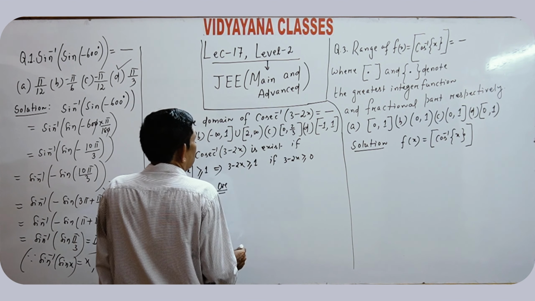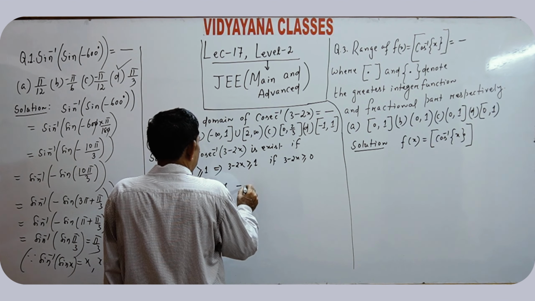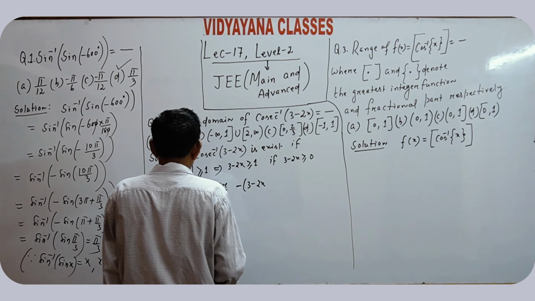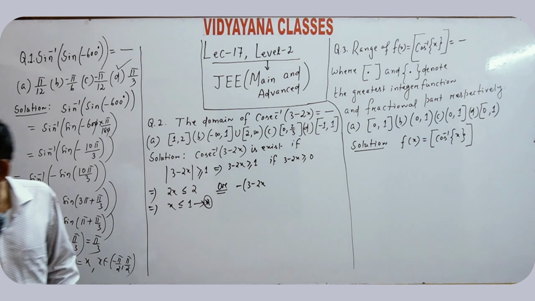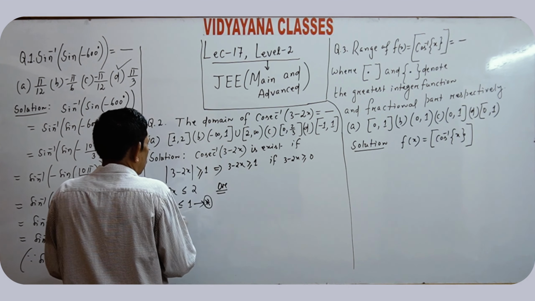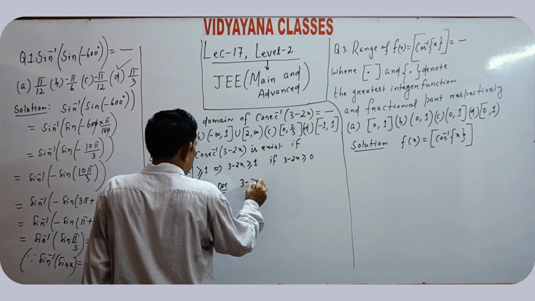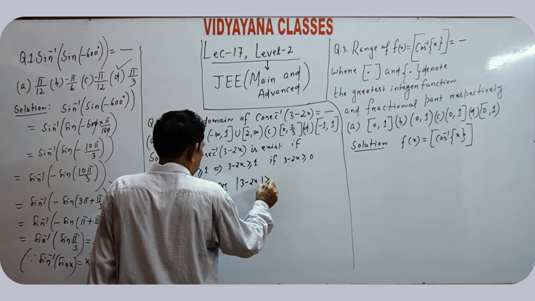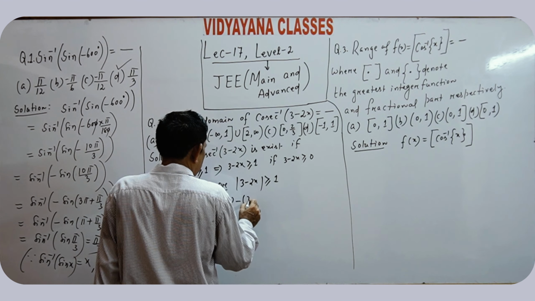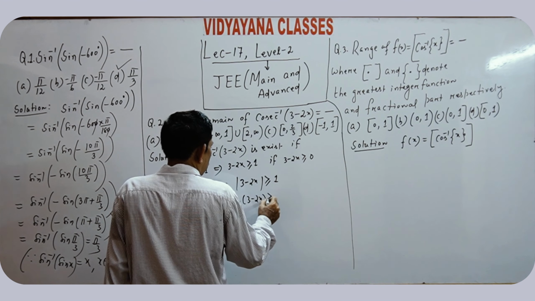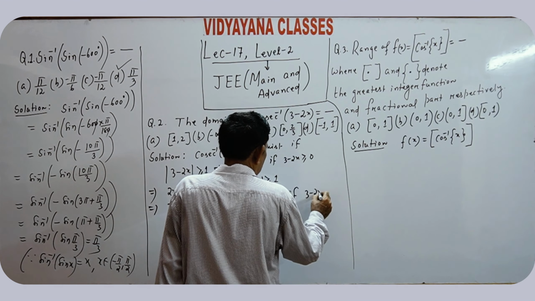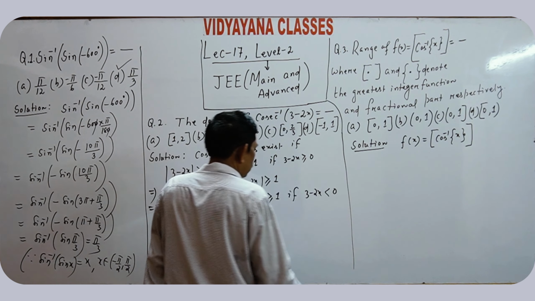Second condition, mod of 3 minus 2x greater than equal to 1, which implies as minus of 3 minus 2x greater than equal to 1 if 3 minus 2x less than 0.